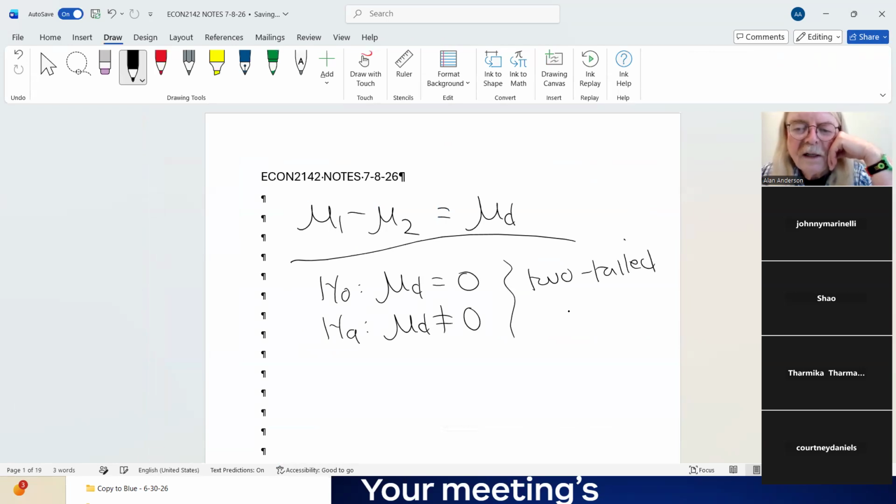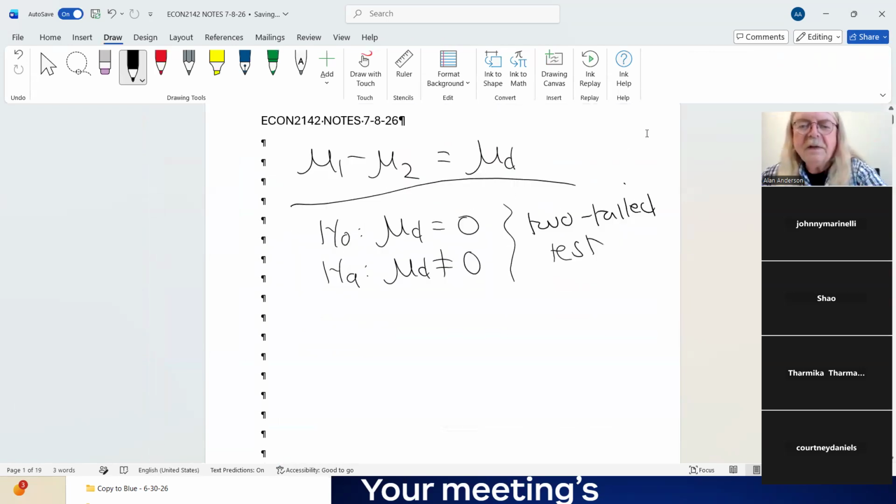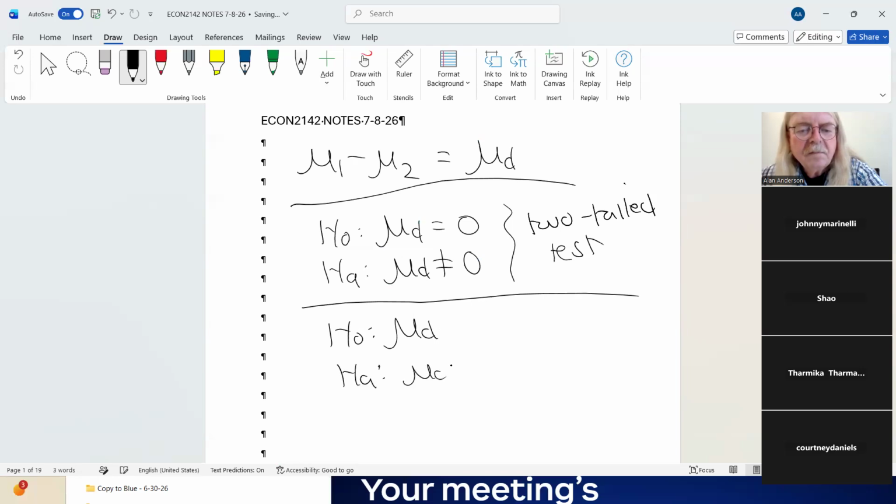And of course, we also have the option of doing a right or a left-tailed test. We can still do that, and they're just exactly what you would expect. It'll be our right-tailed test.